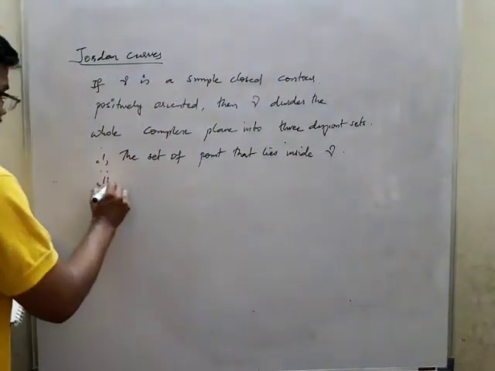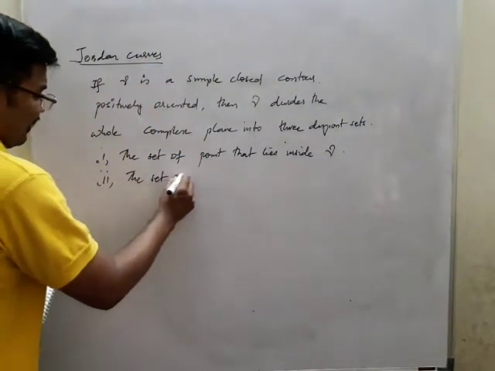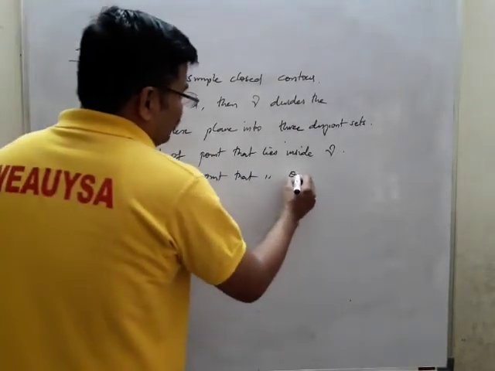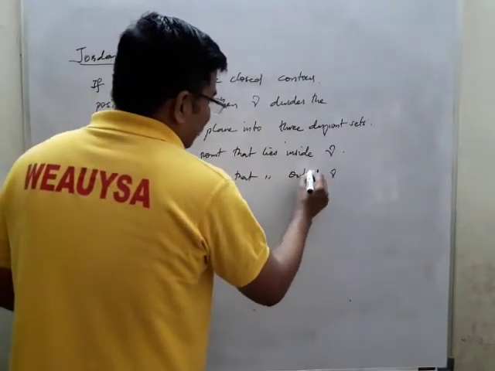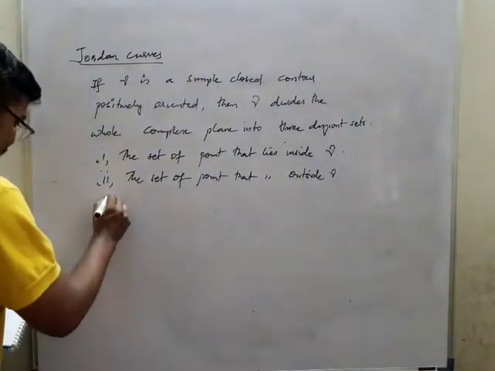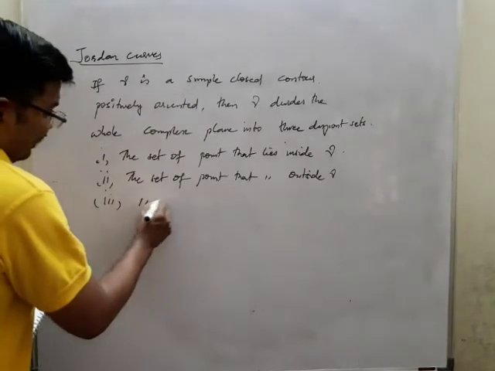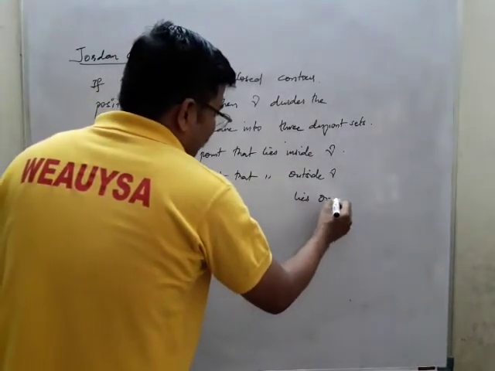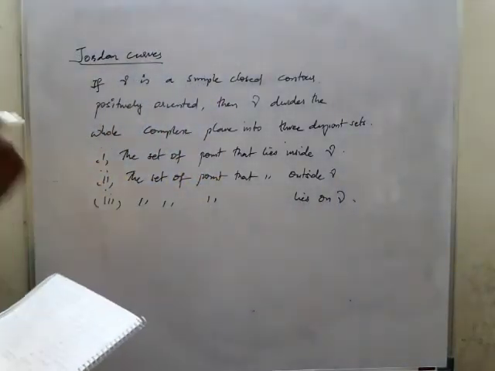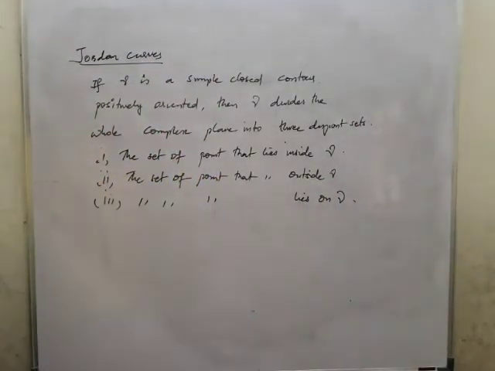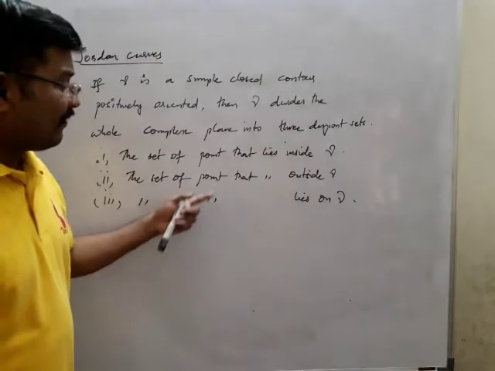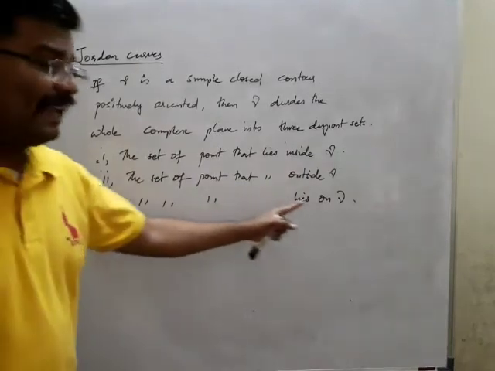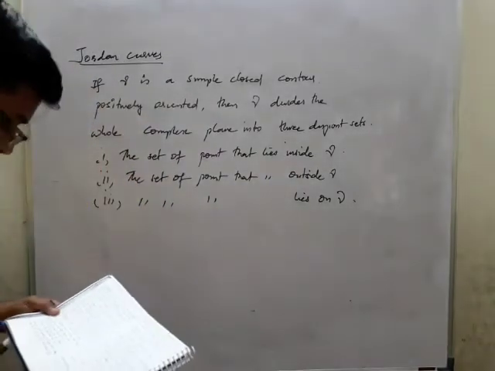Then the set of points that lie outside gamma. Then the last one, the set of points that lie on gamma. These are the three regions which we take for Jordan curves. The points which lie inside, the points which lie outside, and the points which lie on gamma itself only.